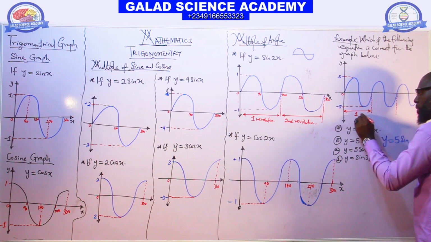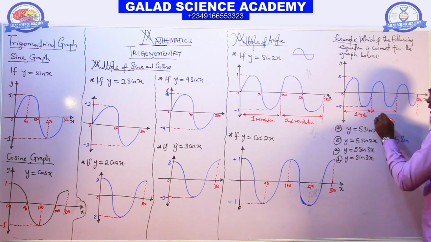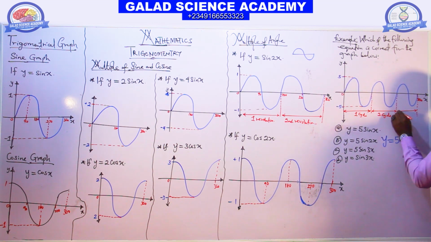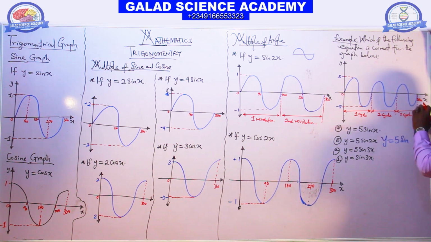So we have 3 cycles. First cycle. This is the second cycle. This is the third cycle. So here we have 3 revolutions in the angle.